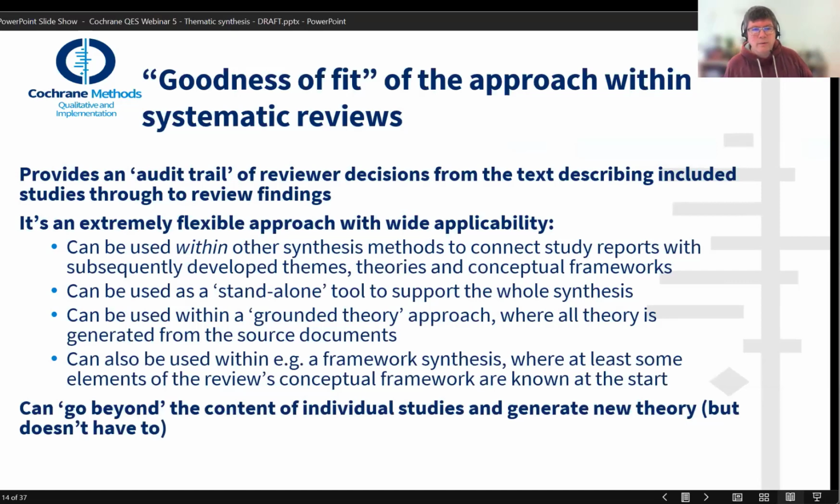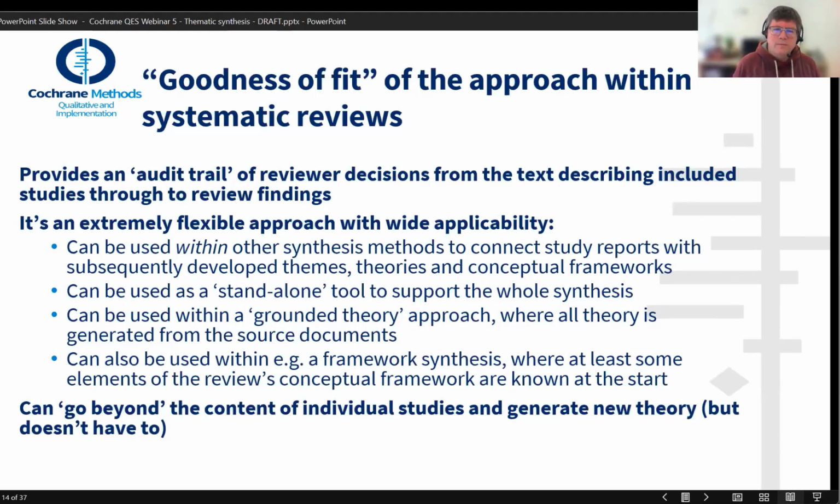I'm sure Andrew mentioned that within framework synthesis, for example, you can use some of that discipline of the line-by-line coding to connect the pieces of text with the conceptual framework that you're using within that synthesis. Likewise, you can use it as a standalone tool, and it's sort of like a grounded theory approach where all of the theory that you're generating is coming out of the source documents.